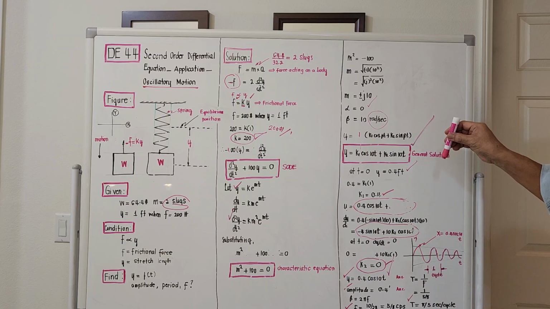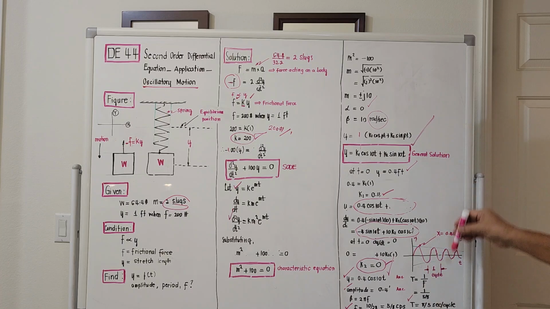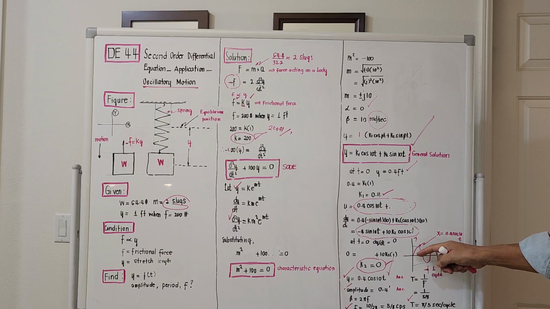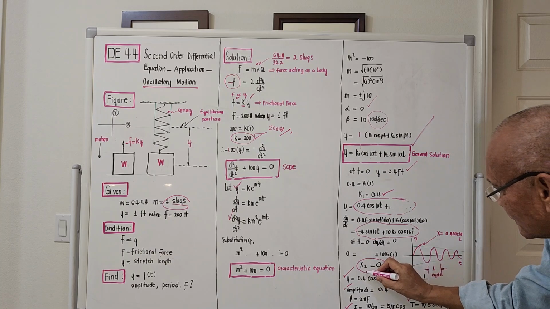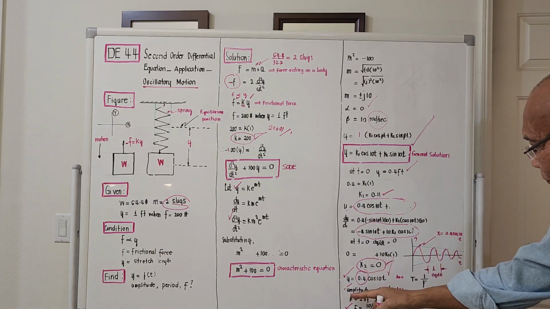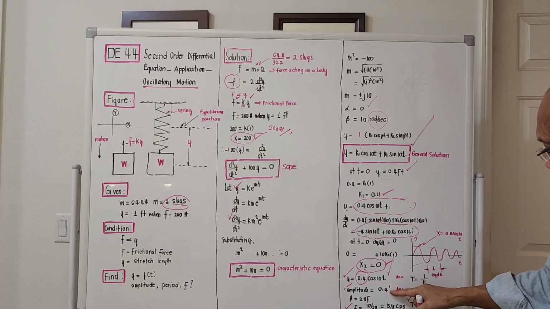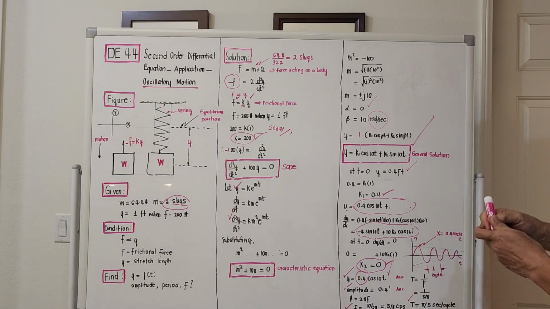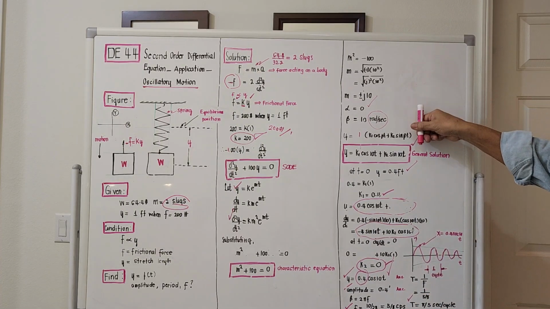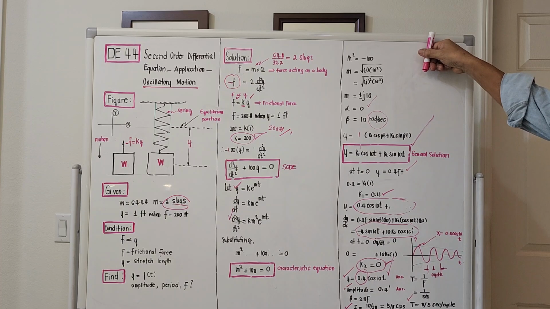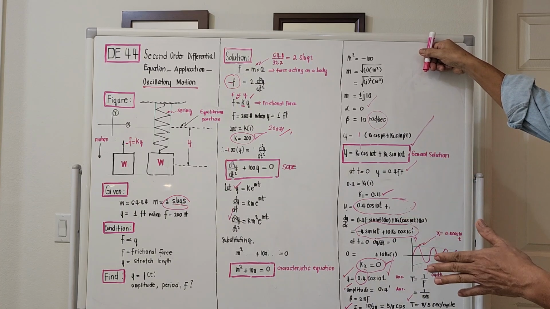Actually, it goes up, goes down, goes up, goes down. But whether you like it or not, until a certain time, it will go to the so-called equilibrium position. So actually, the graph is this one. And the amplitude is this portion here. So the amplitude is 0.4 feet. Initially, because we stretch it 0.4 feet below, it will go up 0.4 feet, then later on, it will go down.